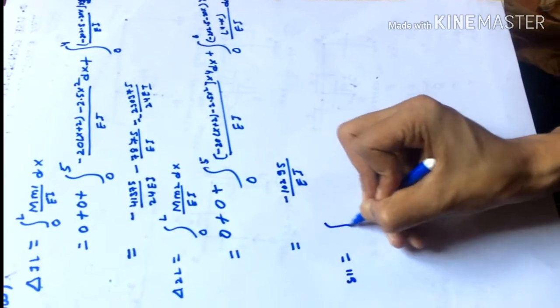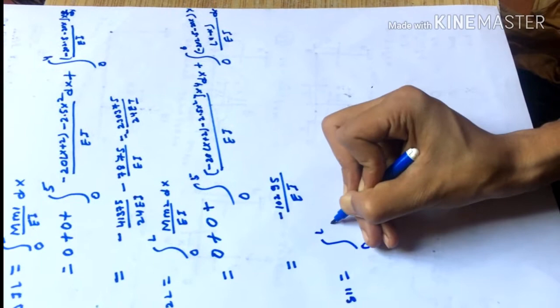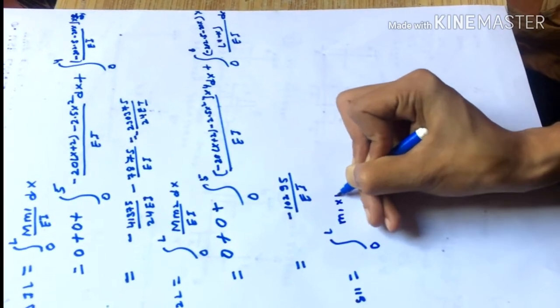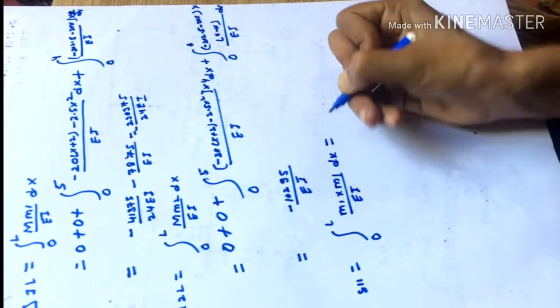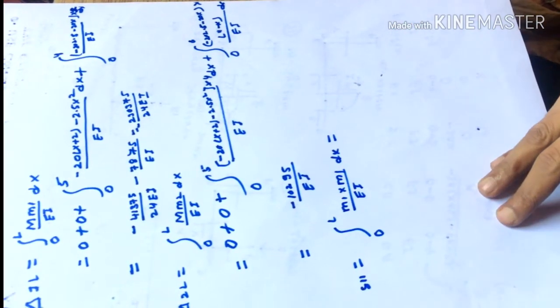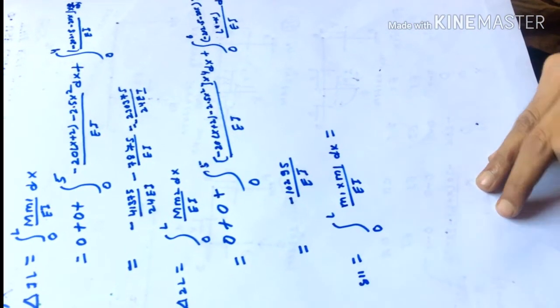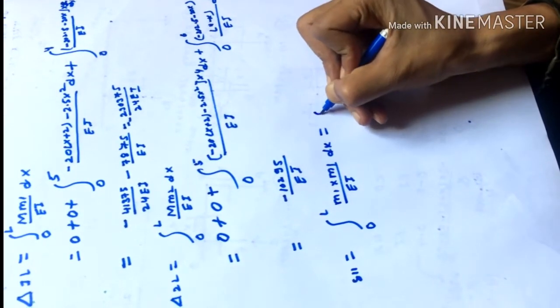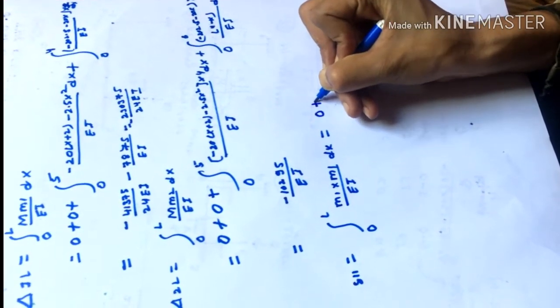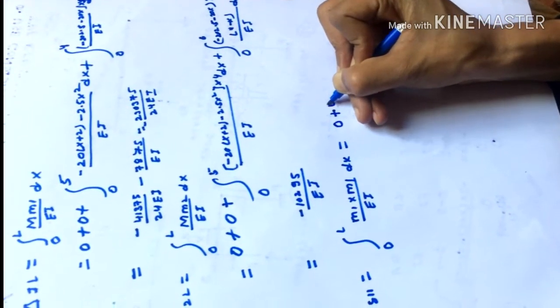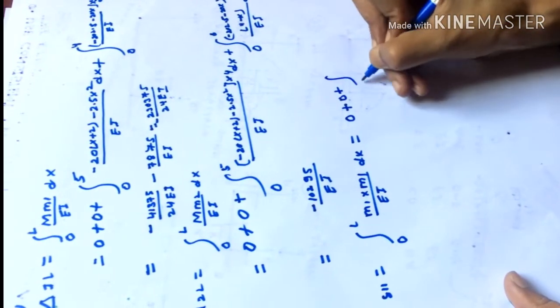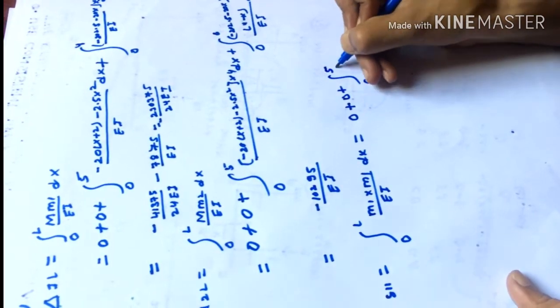Del 11 means integral 0 to L of m1 into m1 divided by EI into dx. So let us put for each portion. In figure, for two portions m1 is equal to 0, that is 0 plus 0 plus 0 plus 0 to 5.